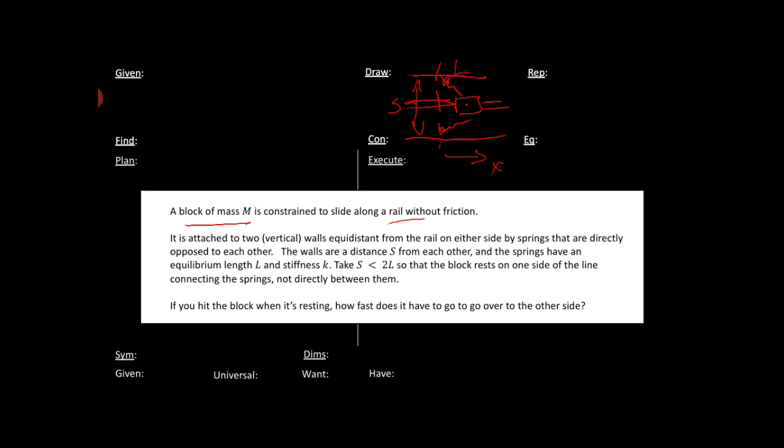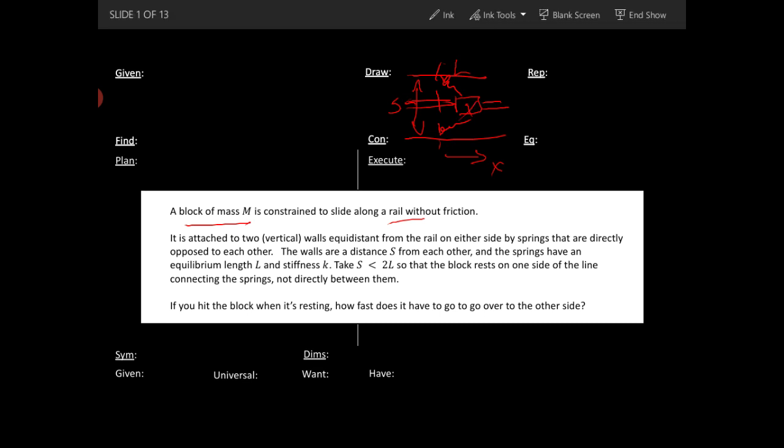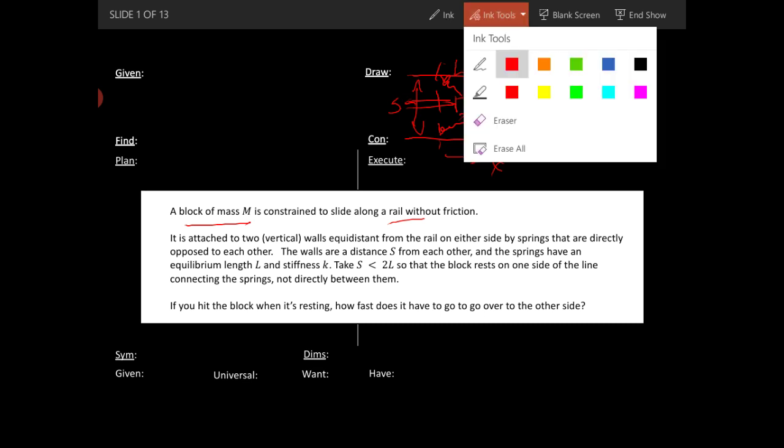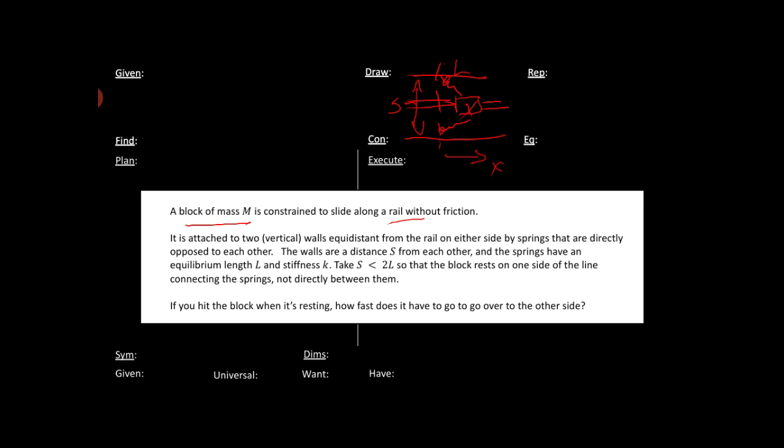One here, x, and one over here, equidistant to the other side. You're going to have to push through to get to the other side because the distance between these two walls is less than twice the length of the spring.